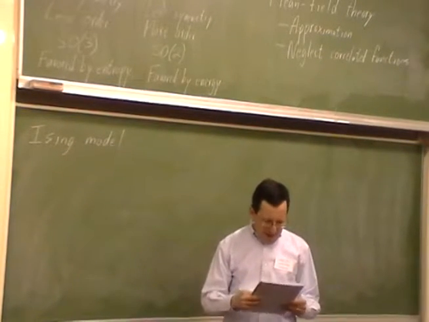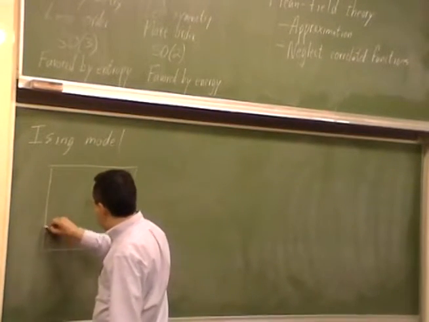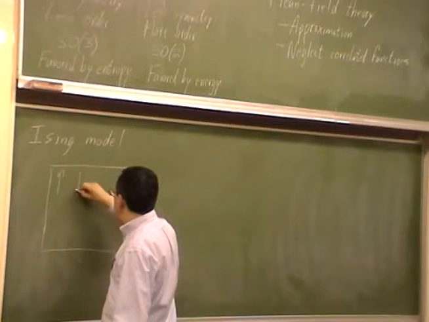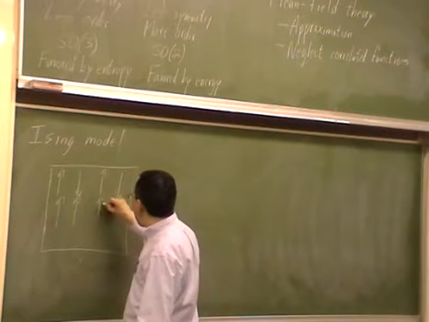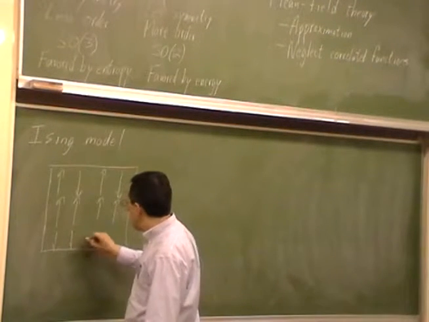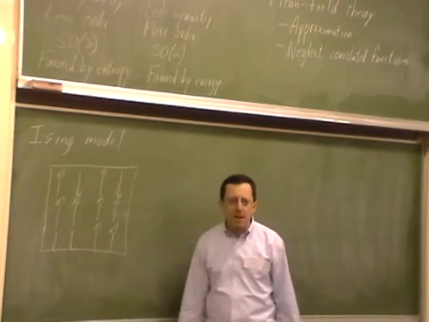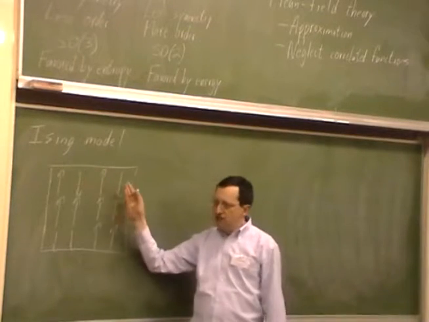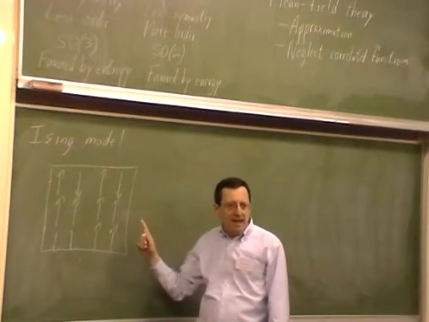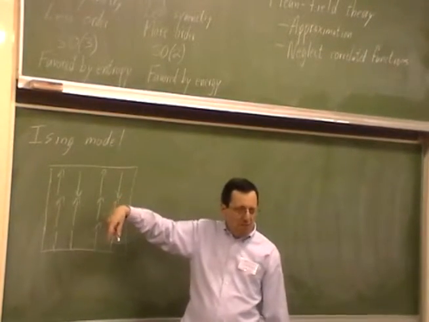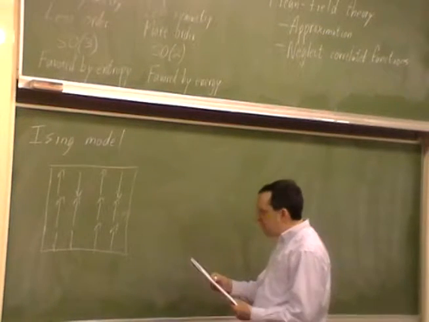All right, so the idea in this model is that we have a lattice of spins, okay? And each of these is either pointing up or down. So you have some picture like this. This is going to represent a magnet where each site is some local magnetic moment that can point up or down. And then there can be a Hamiltonian, right?